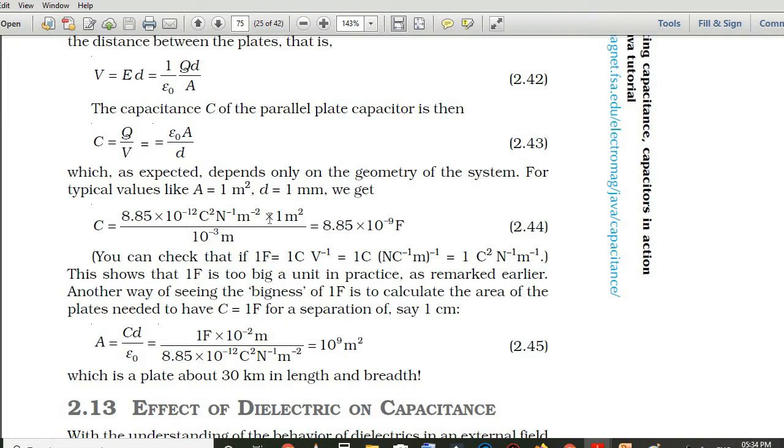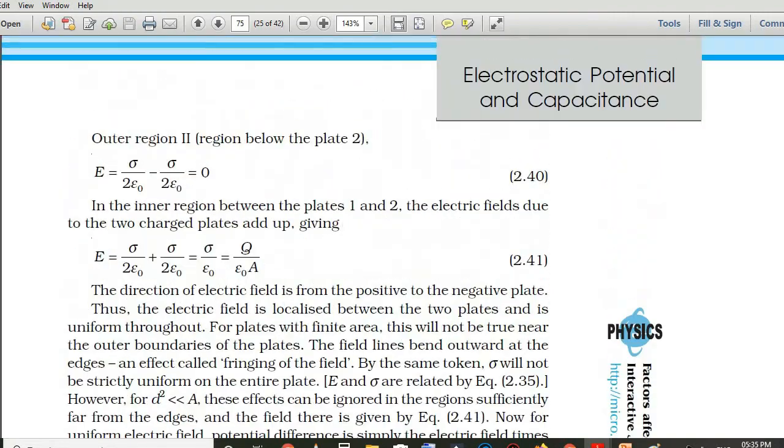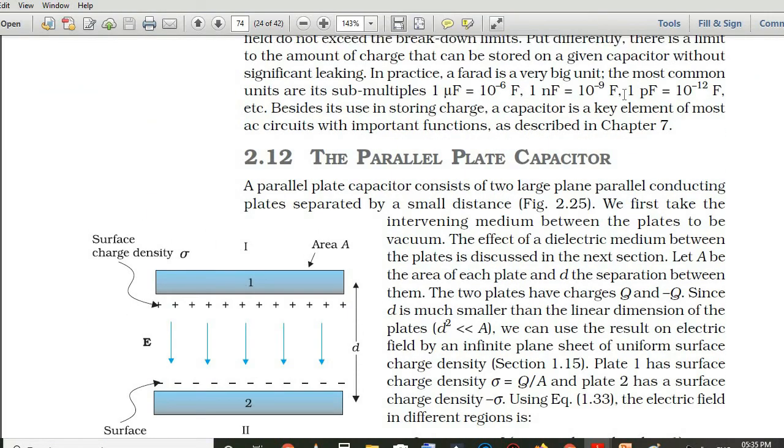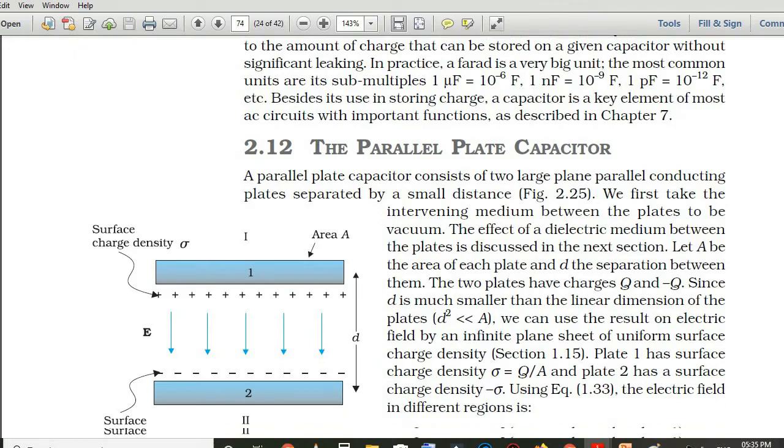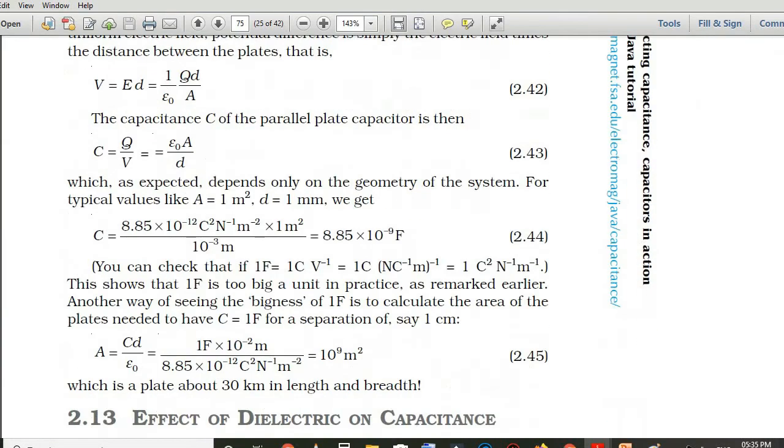Thus, the plates of the capacitor are separated by only a distance of 1 millimeter. Then we will get capacitance as 8.85 into 10 raised to minus 9 farad. 10 raised to minus 9 farad is a very small value. We already studied yesterday, 10 raised to minus 9 farad means nanofarad. That value is too small.